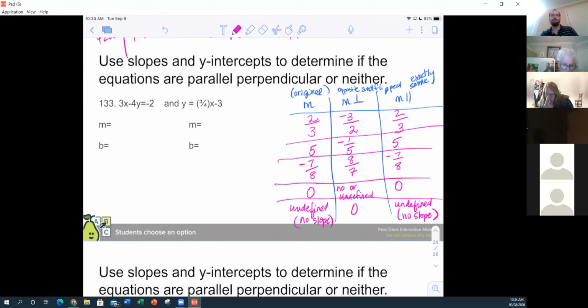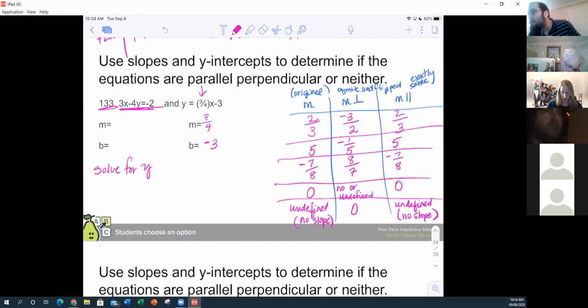So here on this first, I want number 133, the slope of this second line is easy to see. It is 3/4. And the y-intercept is -3. But before we can see that, here we have to solve this one for y. So we subtract 3x from both sides.